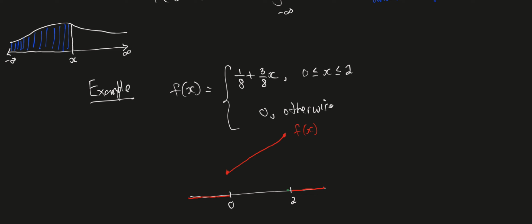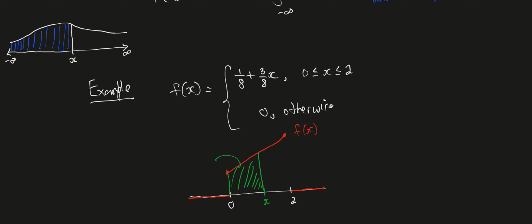So if I now pick an x value, any x value between 0 and 2, let's say it's right here. And if I were to find the area from 0 up to x, right here, then that area is what our CDF should give us.